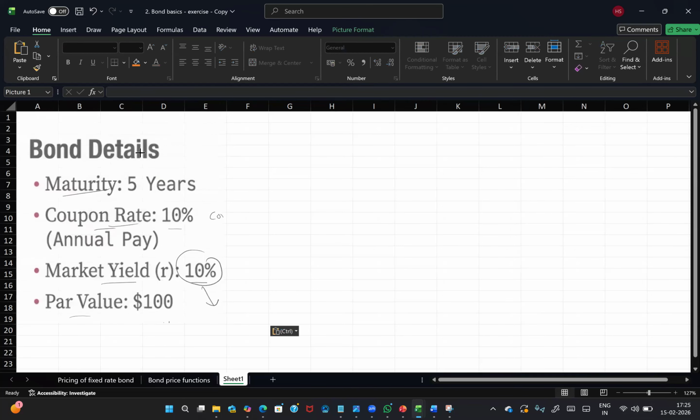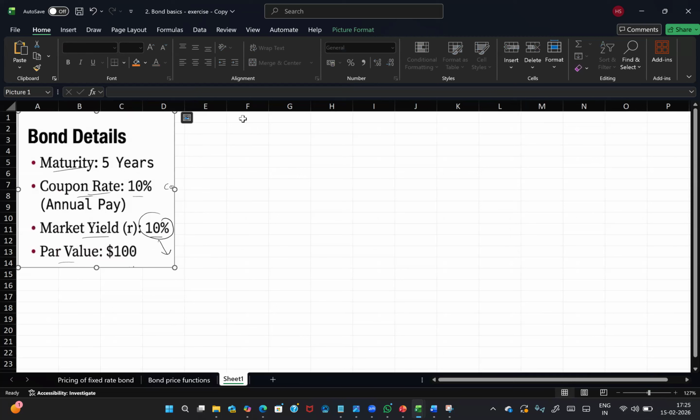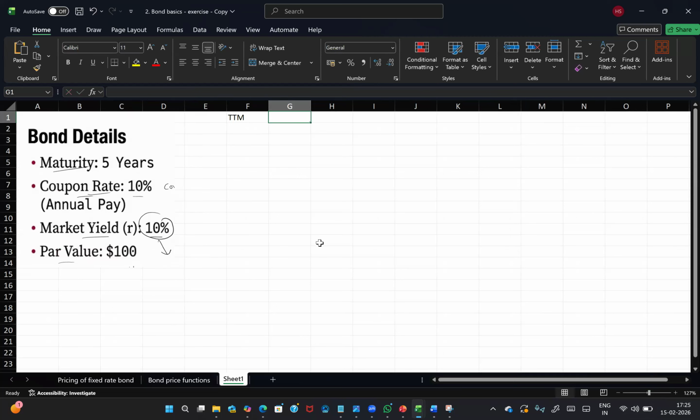So these were all the bond assumptions. So we'll make a note somewhere here. The time to maturity on the bond is 5. The coupon rate is 10% on the bond.